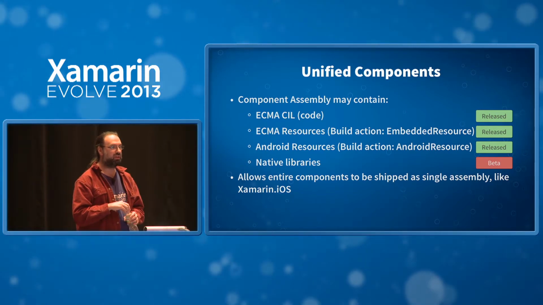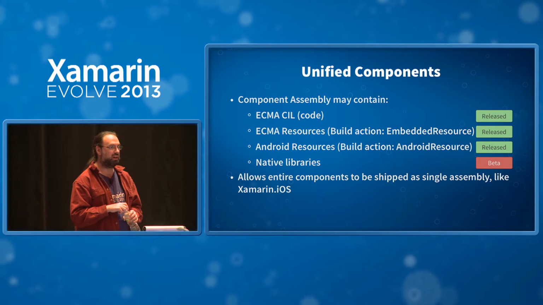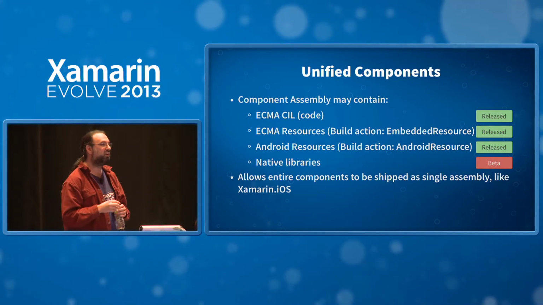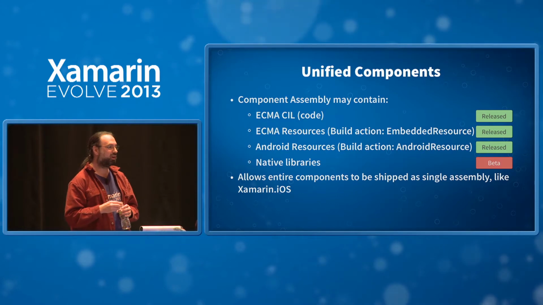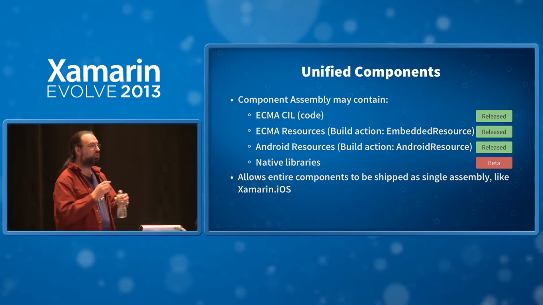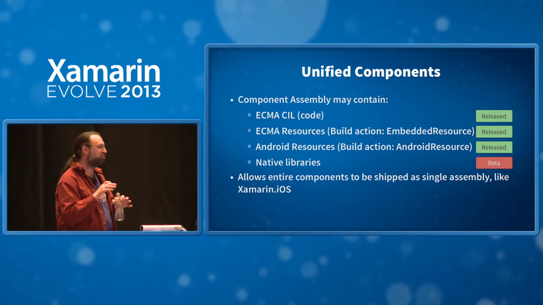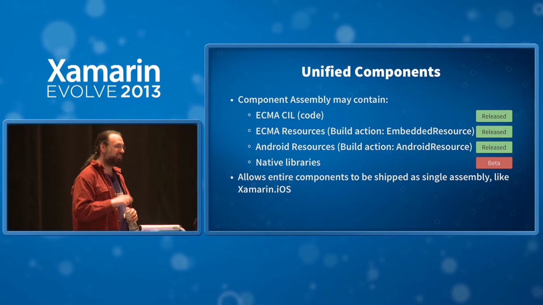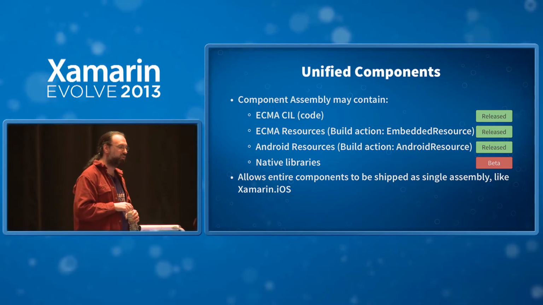The one thing to keep in mind, though, is that layout XML files won't be able to reference your strings that are coming from embedded resources. So user interface strings probably should not use the embedded resource satellite support. They should continue to use the Android support.